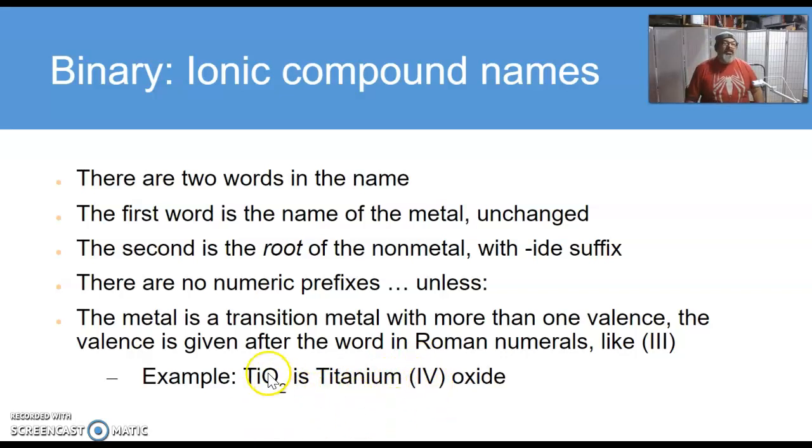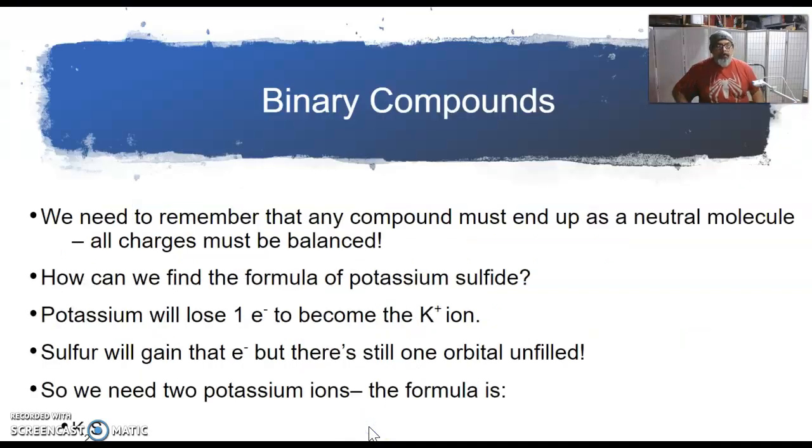Oxygen is always -2, and when you write out this formula, it reduces to 1 titanium for every 2 oxygen, and it's called titanium(IV) oxide. You could also have titanium(II) oxide, and that would be different. We need to remember that any compound must end up as a neutral molecule. All charges must be balanced. Otherwise, why would they come together and form a bond?